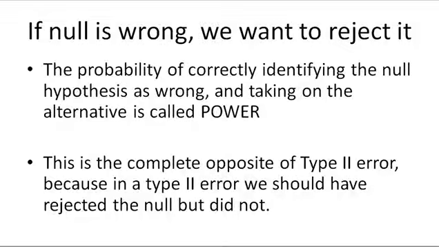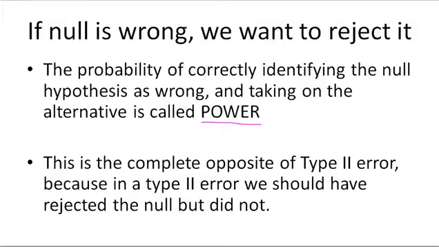So yes, power is a true statistical term. It actually has a definition related to statistics. And again, it's literally the probability of making the right decision, the probability of rejecting a null when the alternative is true. That's called power. So when you do the right thing, when you reject a null and you're supposed to, that's what you call power.